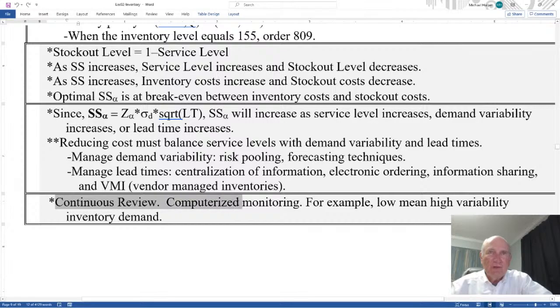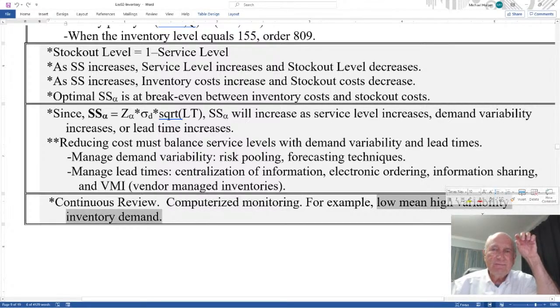Continuous review, computerized monitoring, for example, low mean. So when do you use this? Computerized monitoring, when you can monitor things continuously through technology. For example, you have a very low mean but a high variability in your inventory.